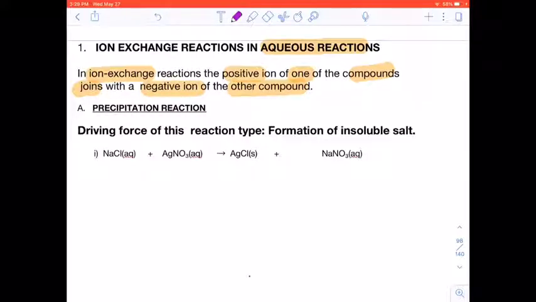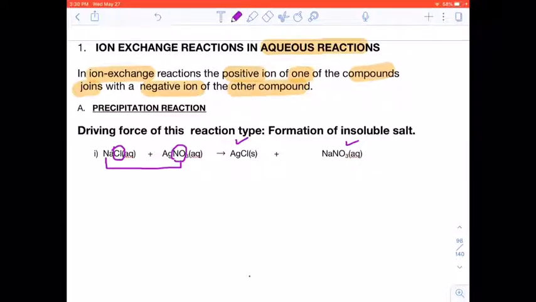The anion of sodium is chloride and the anion of silver is nitrate. So when this reacts, the ions exchange. That means sodium combines with nitrate, and the positive ions have changed their partners.